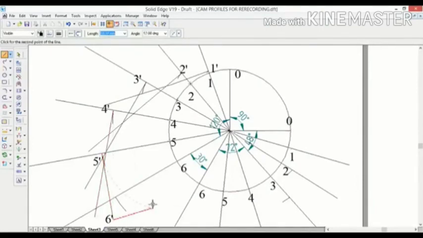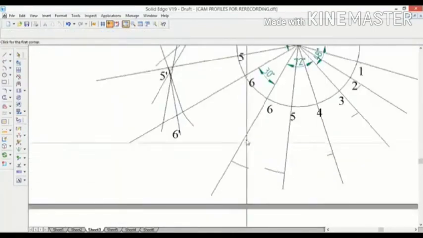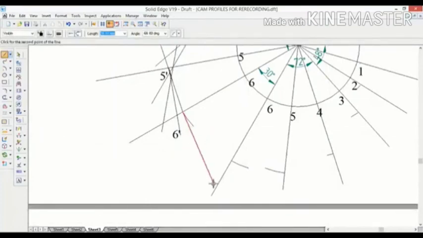So this is 5 dash. Now 6 dash radial line you can take like this, and further you take the 6 dash line this side also, right hand side, parallel to this.